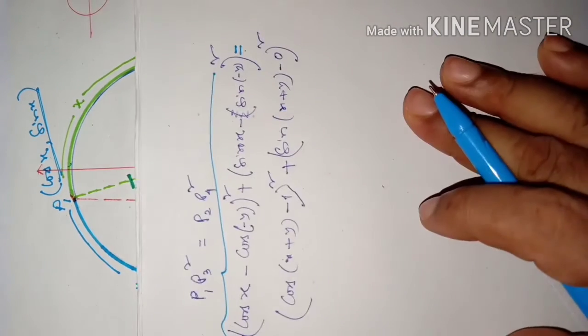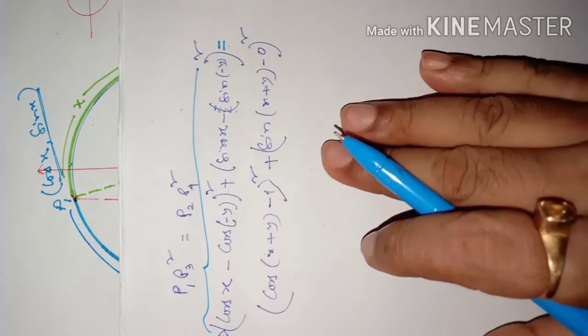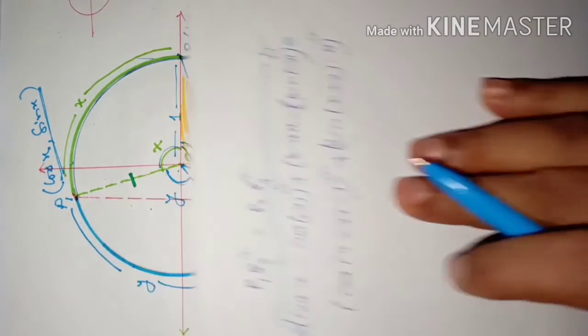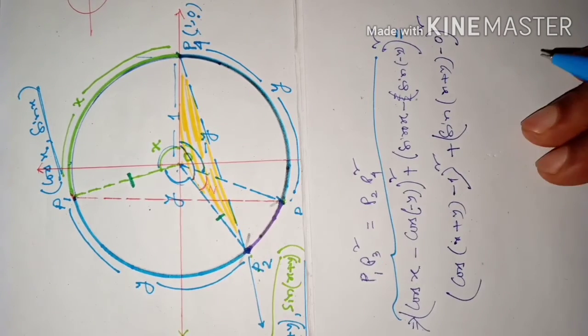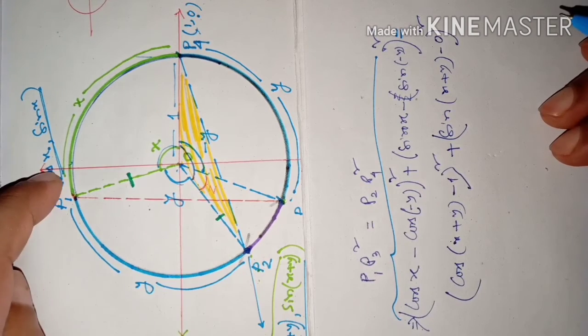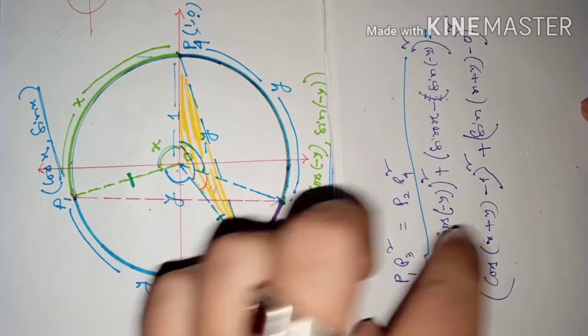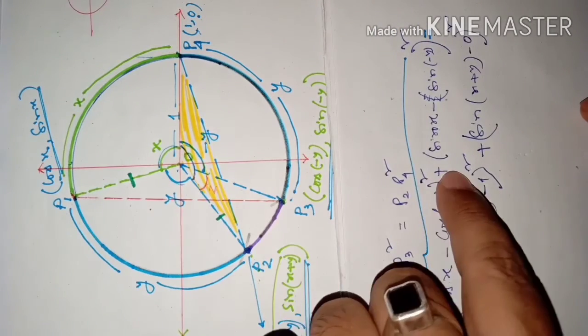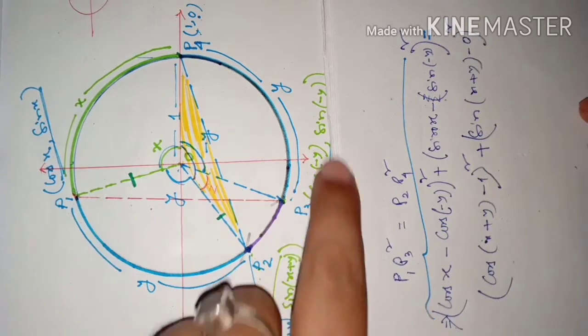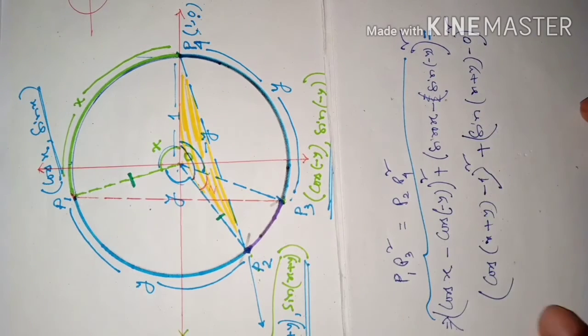So now, dear students, our work is to simplify this whole expression. This part you understood now? Once again I am saying, P1P3 means abscissa minus abscissa whole square plus ordinate minus ordinate the whole square is equal sign.